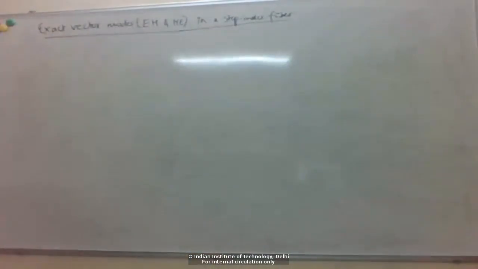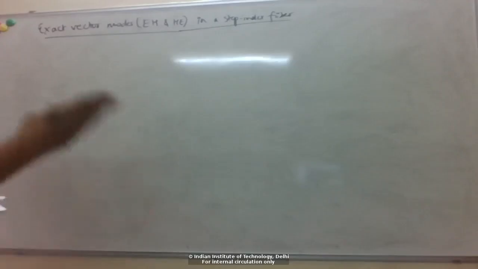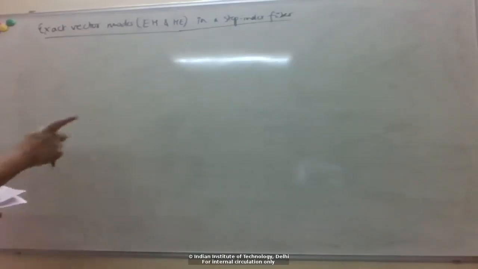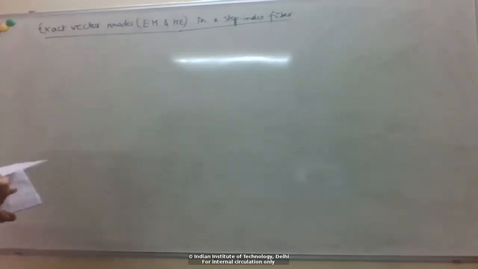As we discussed last time, the way to exactly solve for the mode profiles is to first solve for Ez and Hz. Because the z unit vector is invariant, we can use the scalar wave equation for Ez and Hz.